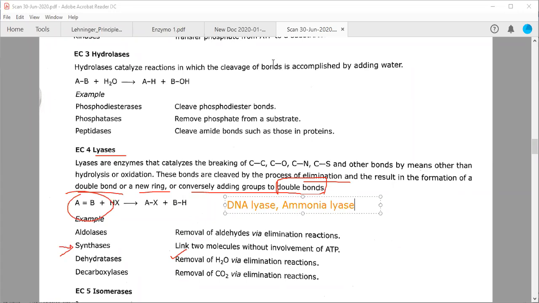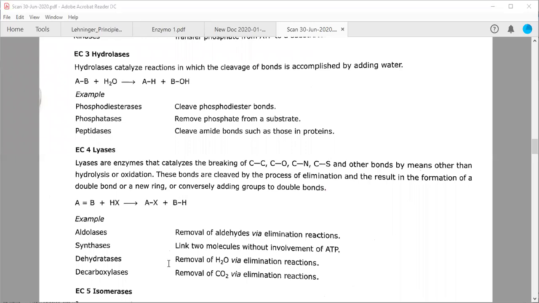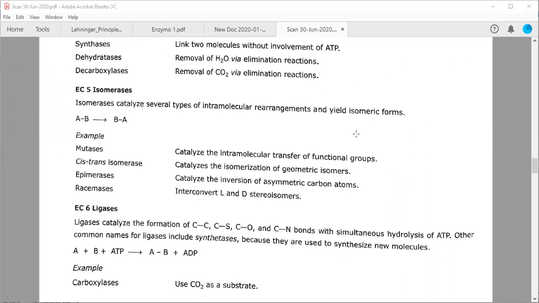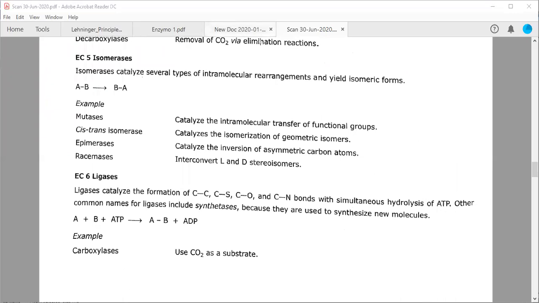Then we will move to the next class, that is the fifth class, also called isomerase. Isomerases are also important. Isomerases are a type of enzyme which will do some rearrangements in the same molecule.